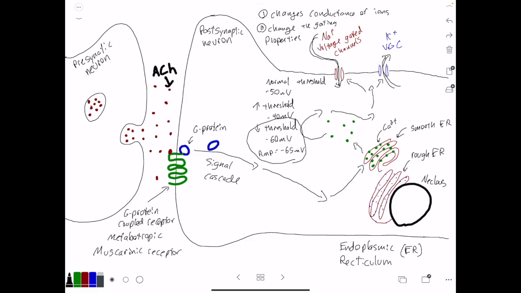And not only is it more sensitive now, when it does open, it can allow more ions to flow through than normal. And this is just due to all the way back here with the initial signaling of acetylcholine, multiple steps in between releasing calcium, which leads to other signaling, which will alter these channels.